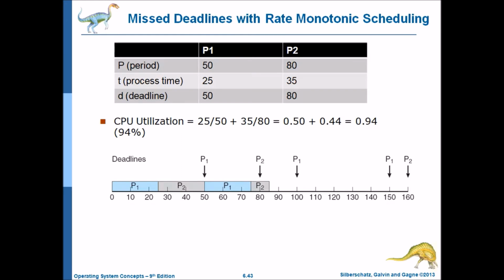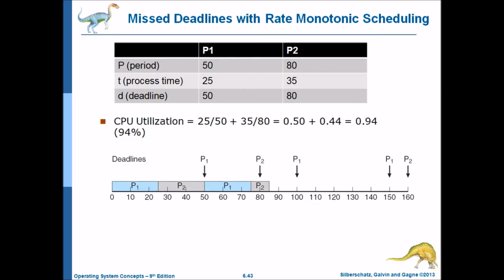So despite being optimal, rate monotonic scheduling has a limitation. CPU utilization is bounded, and it's not always possible to fully maximize CPU resources.